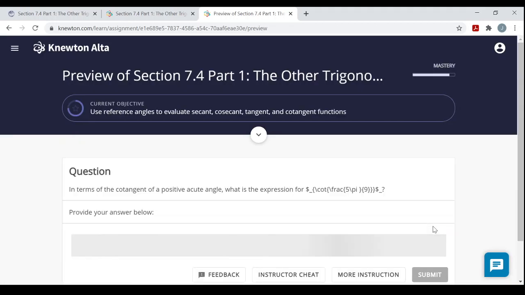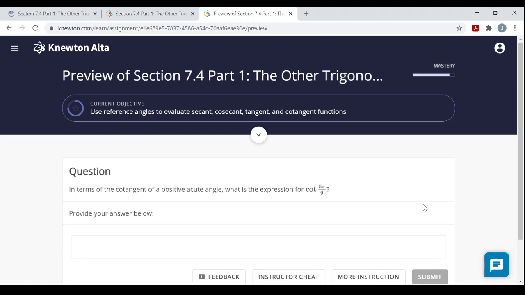Right. I think there's one more that's very similar. You just have to remember that your cotangent, and again, they might give you secant, they might give you cosecant, but you're doing the same thing. You draw the angle 5 pi over 9, right, which would be 100 degrees.